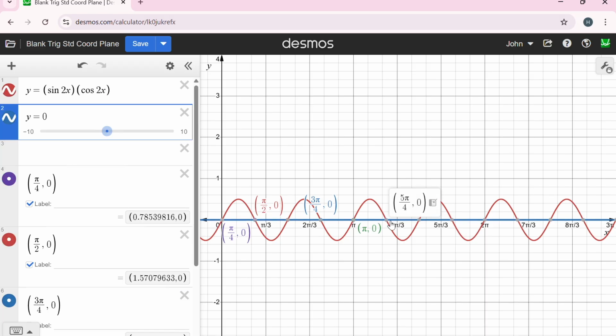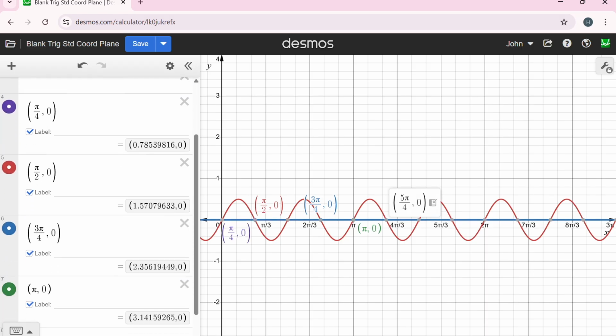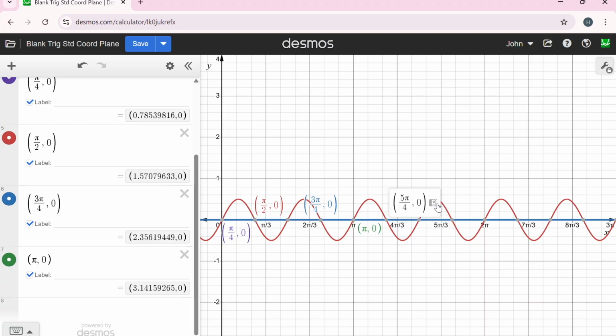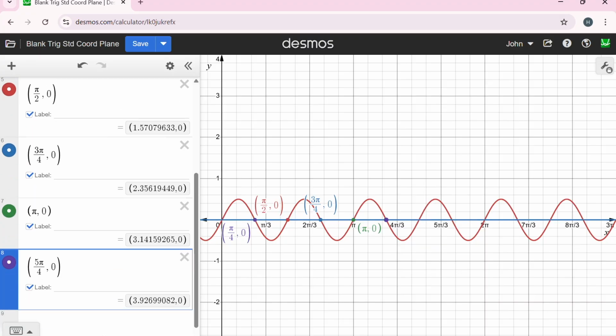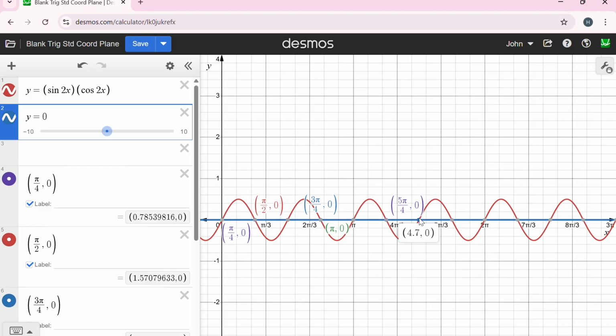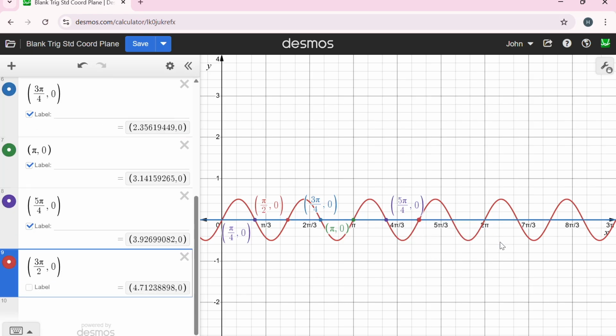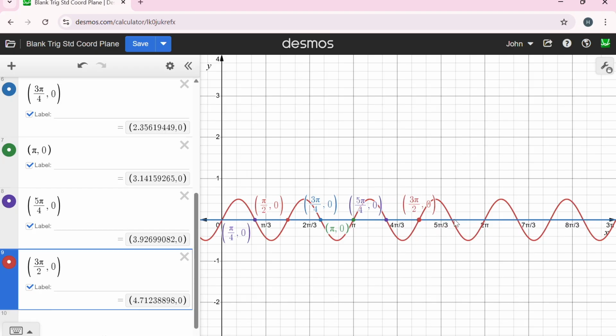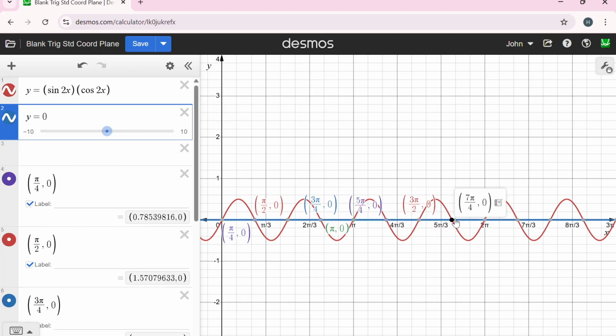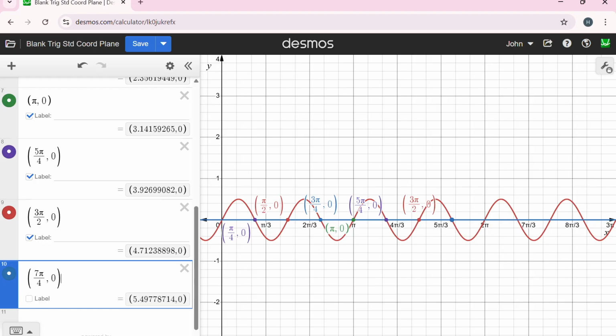Pi. 5 pi over 4. 3 pi over 2. 7 pi over 4. And this one I'm not going to count because it's right on 2 pi.